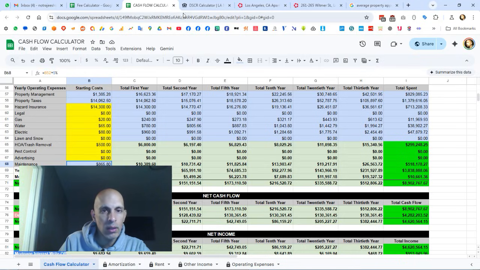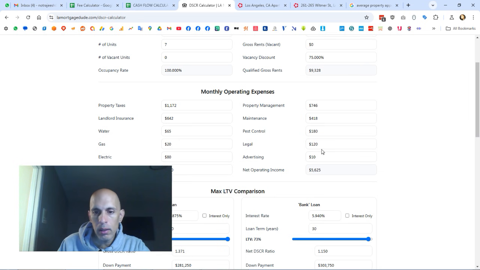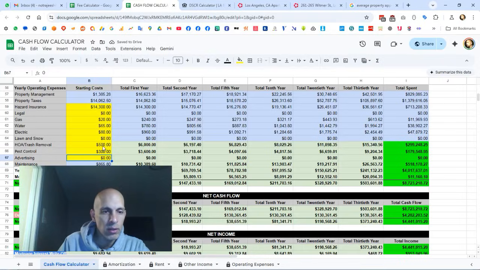So let's see here, what else is there? Pest control 180, let's say 300, economies of scale. When you have a pest control guy, they're just charging by the trip, they're not charging by the unit. So let's say 250 per month.